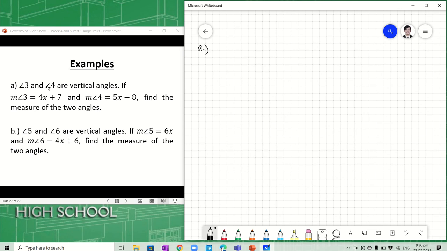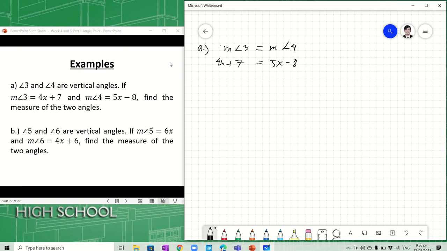Okay. Now, we know that the two angles are vertical angles. Vertical angles are congruent, so that means the measurement of angle 3 is just equal to the measurement of angle 4. So this is 4x plus 7. This is 5x minus 8.